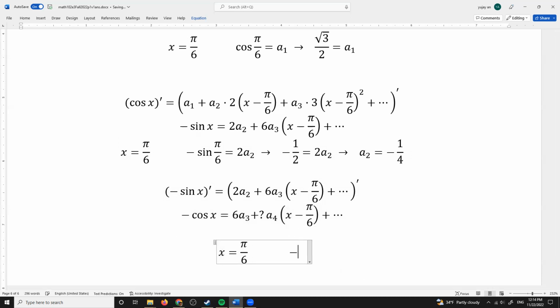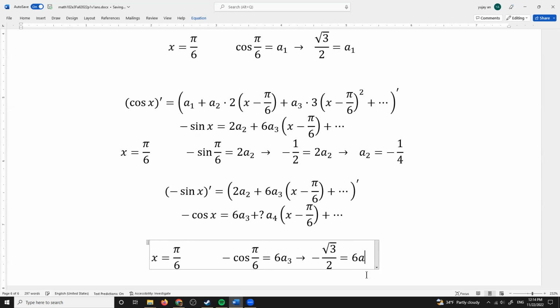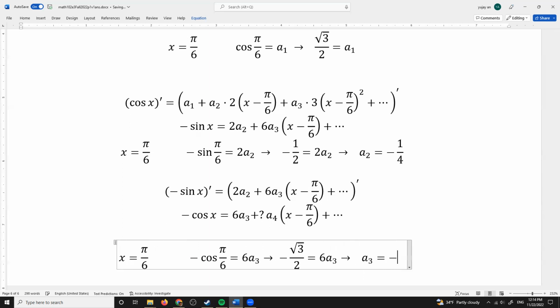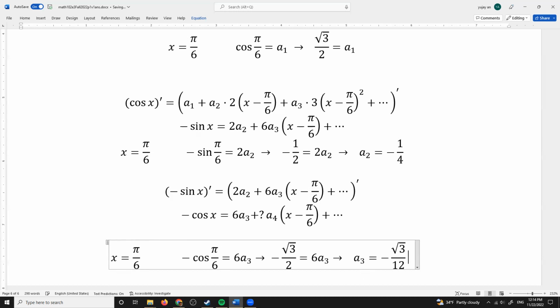Therefore you get negative cosine of pi over 6 equals 6a3, which gives negative square root of 3 over 2 is 6a3. If you solve this for a3, you get a3 equals negative square root of 3 divided by 12.